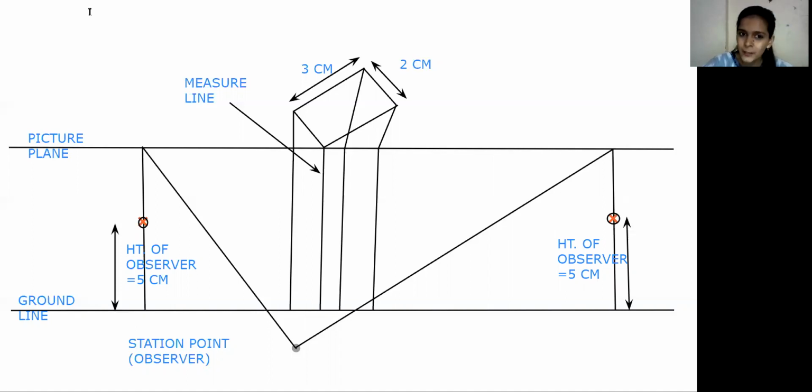And this is a 2-point perspective view, so there are 2 vanishing points. Consider them as the left vanishing point and right vanishing point. Right here, the left vanishing point, and on the other side the right vanishing point.